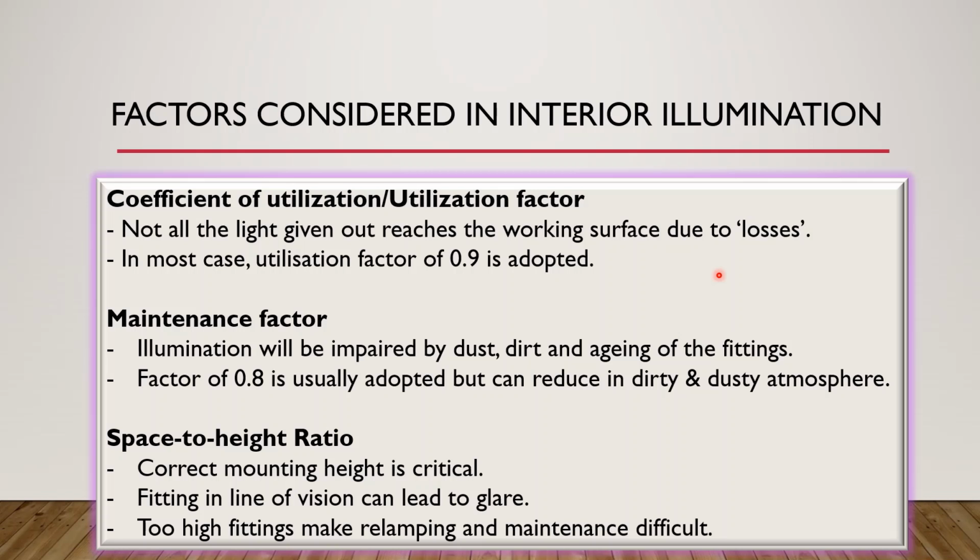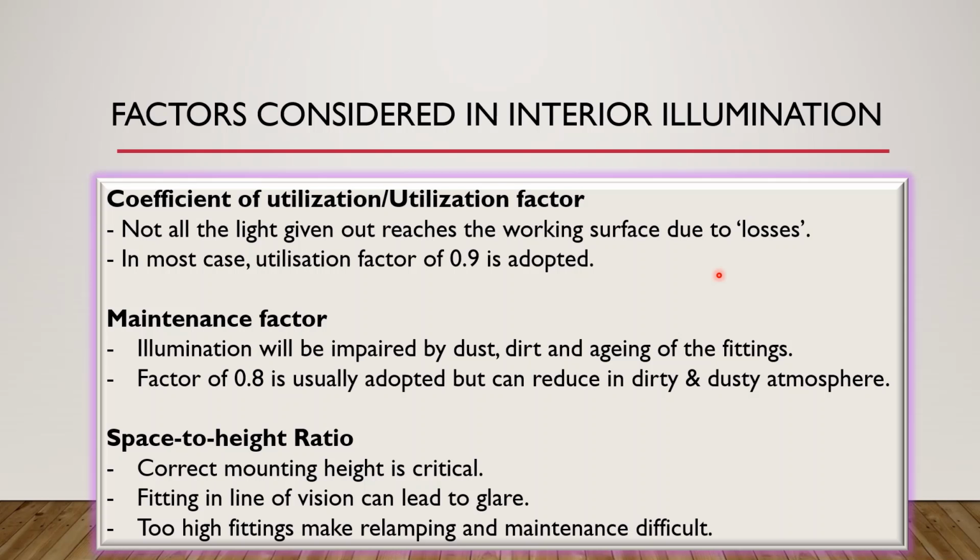The height at which you mount the fitting is very, very important, because if the fitting is in the line of vision, let's say it is close to the eye, it will cause glare. Glare is a phenomenon whereby light goes directly into the eye of someone so that you don't see clearly. Example: when there's an oncoming vehicle towards you, the light will flash on your eyes and you'll be confused.